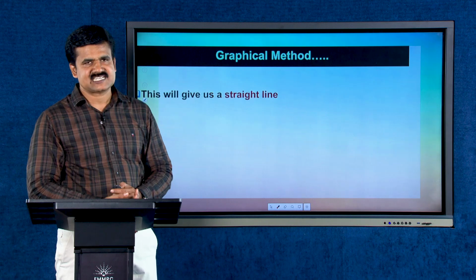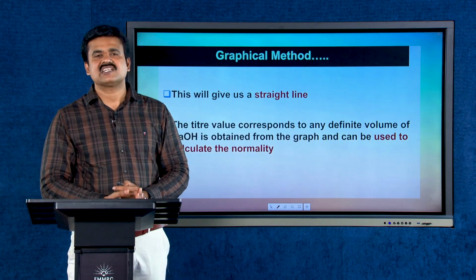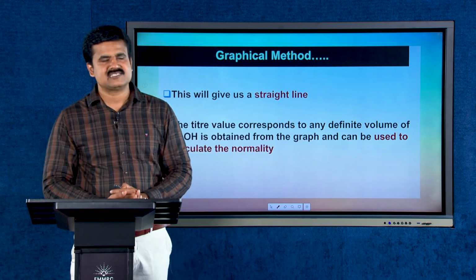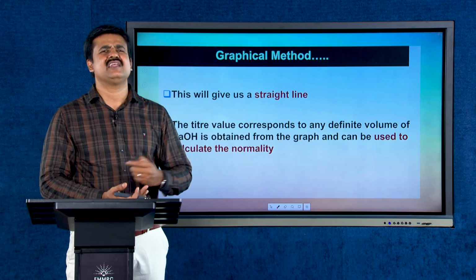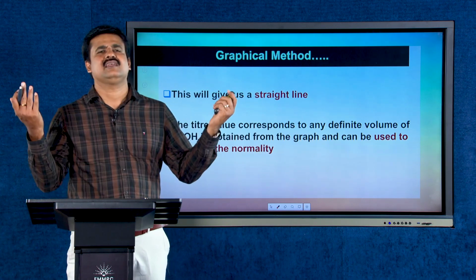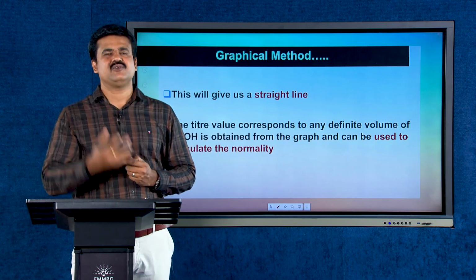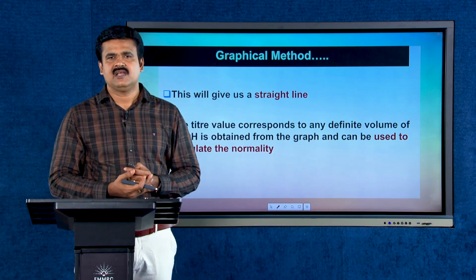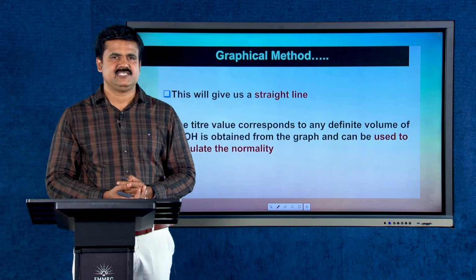You will get a straight line, and the titer value corresponding to any definite volume of NaOH, say 19 ml NaOH, 21 ml NaOH, or 20.5 ml NaOH, can be calculated from the graph. And these values can be used to calculate the normality.